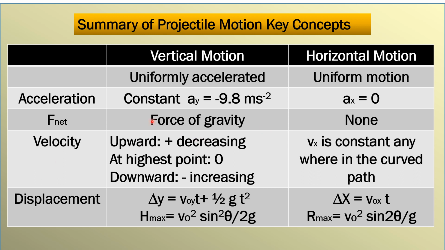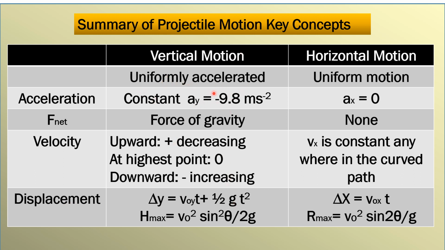Before we start answering the questions, let's first have a look at the summary of projectile motion, the key concepts. In particular, we have to describe the acceleration, the net force acting on the projectile, its velocity, as well as its displacement. So for the vertical motion, these are the concepts.